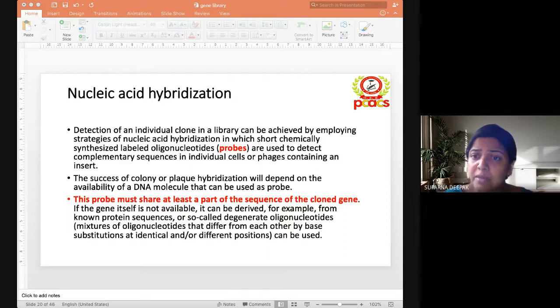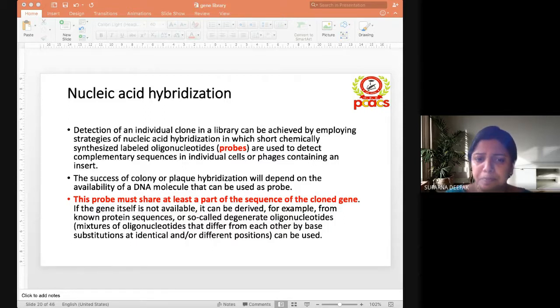Probes are nothing but small, chemically synthesized, labeled oligonucleotides, which are going to be complementary to the sequences in individual cells, or also phages. Sometimes if you are using viruses for storing your gene library or your recombinant clones, in that case also you will be able to use phage hybridization.